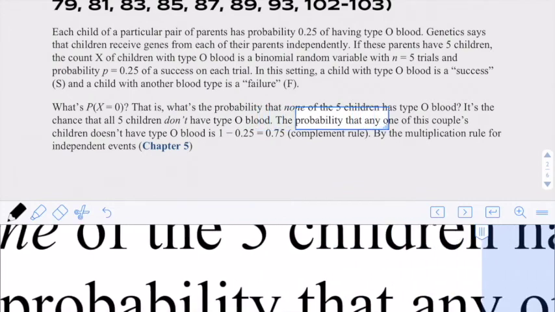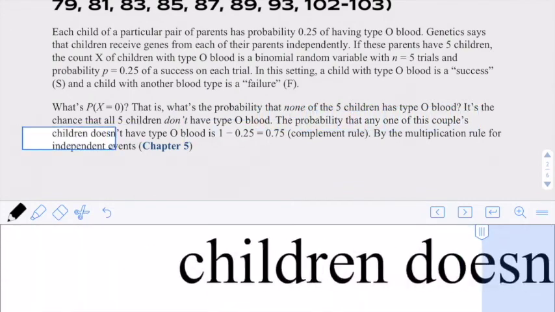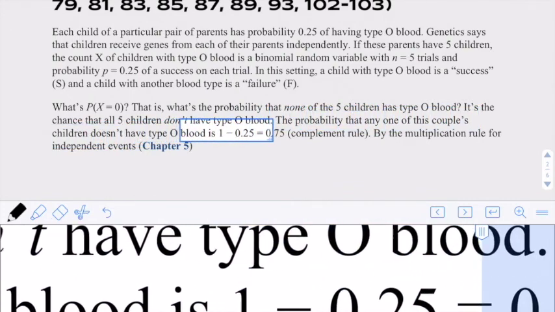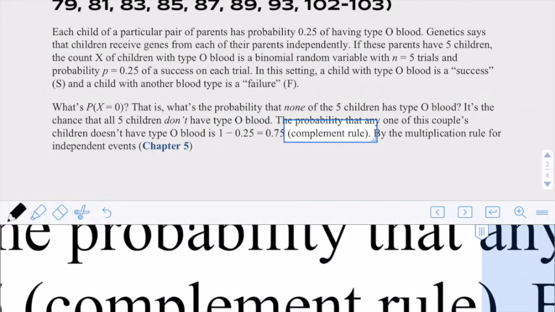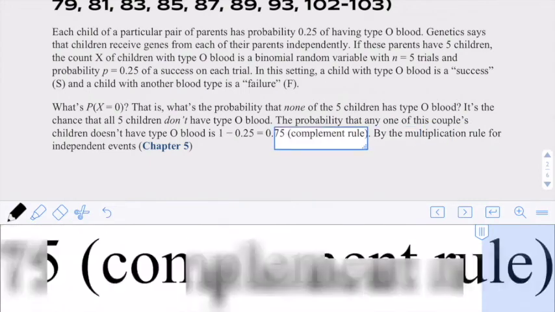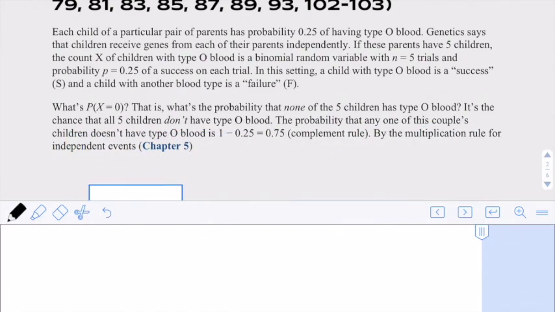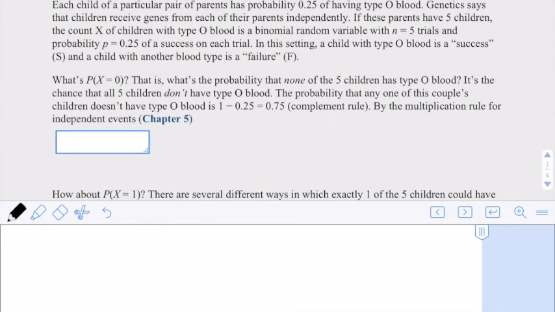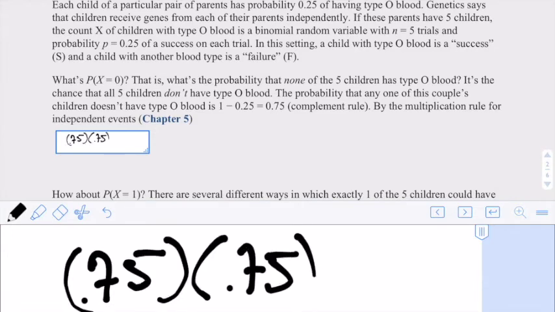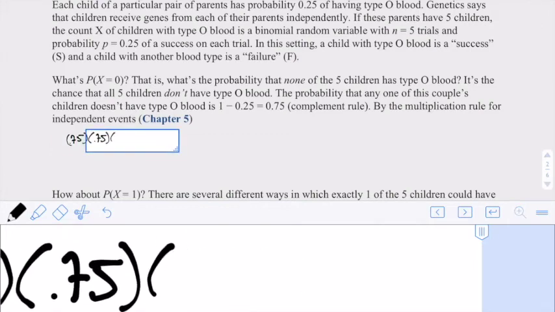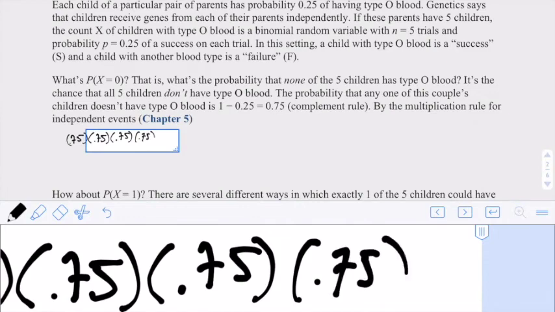The probability that any one of this couple's children doesn't have type O blood is 1 minus 0.25. Remember that complement rule? By the multiplication rule for independent events, we have a failure, another failure with the second child, failure, failure, failure.